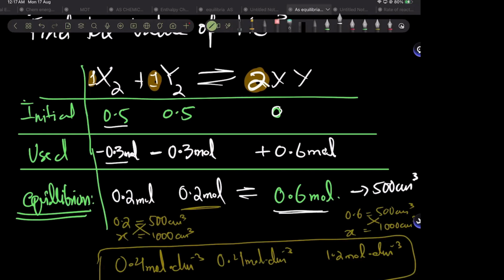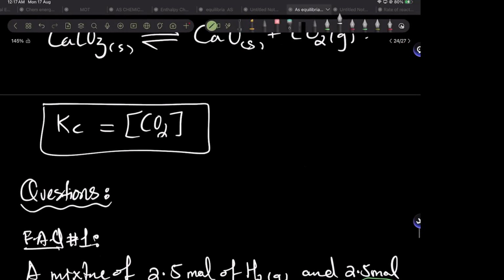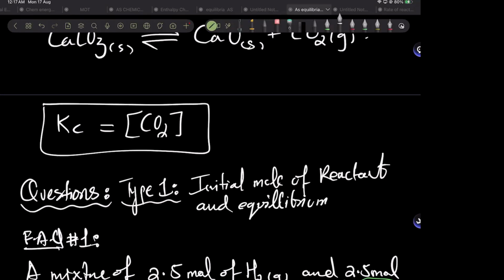All right. So let's label them as type 1 questions. Let's say questions type 1, in which initial moles of reactant and equilibrium moles of product are given.